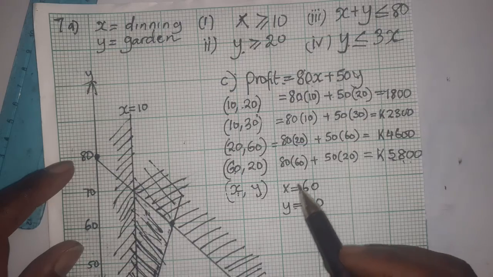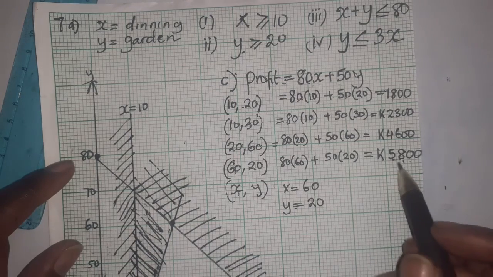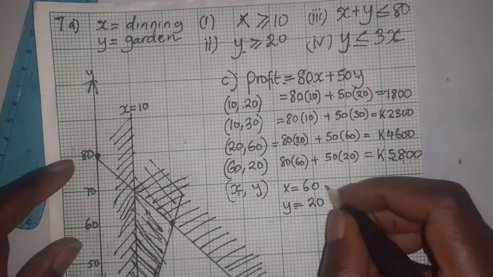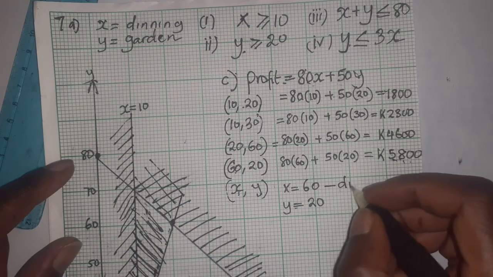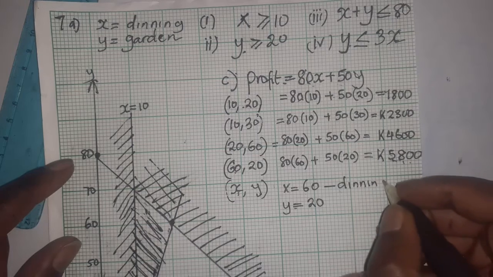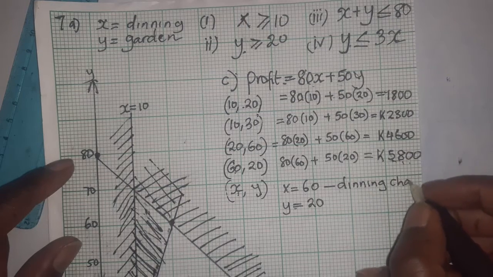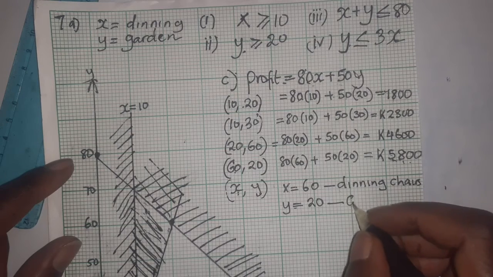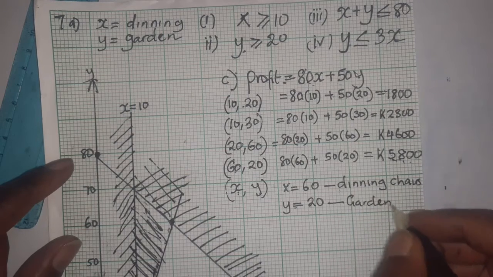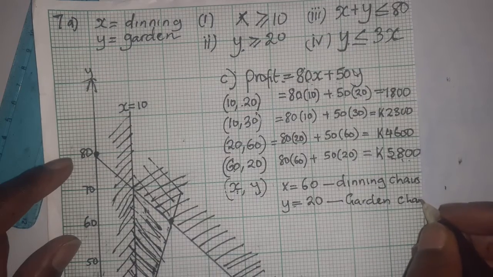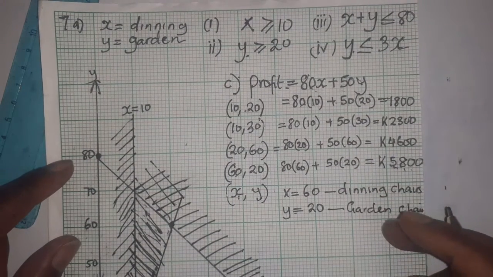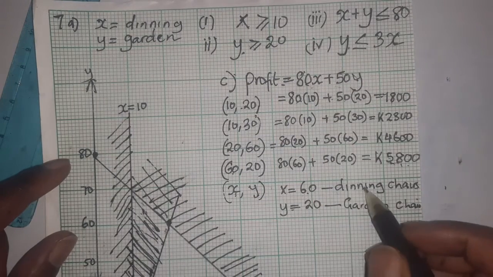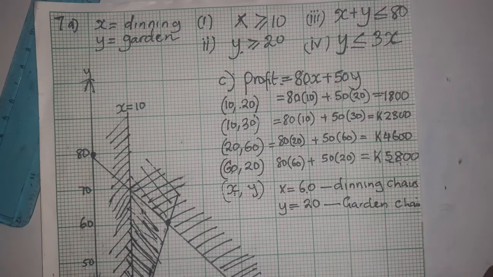This is the combination that gave us the highest profit. So you can write them like this, or you can put it in a statement form to say, in order for him to maximize profit, he must make 60 dining chairs and 20 garden chairs.